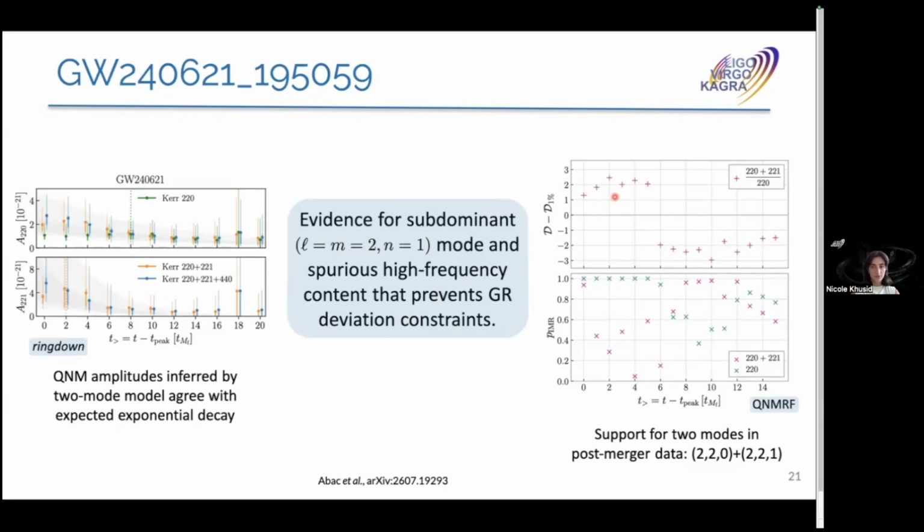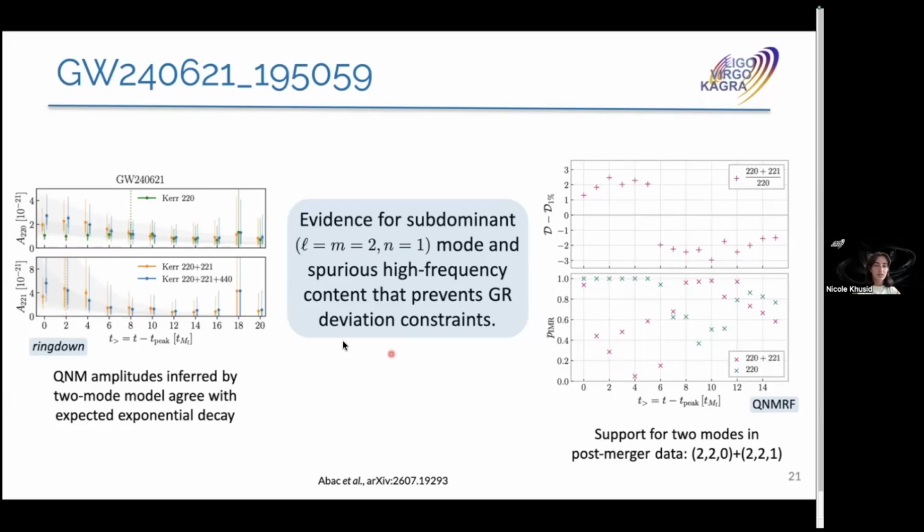And for that same range of early times in the bottom panel, this corresponds to a quantile on the y-axis which has a lower value, which indicates a better match between the remnant black hole properties inferred by both the QNMRF pipeline and the full signal analysis.